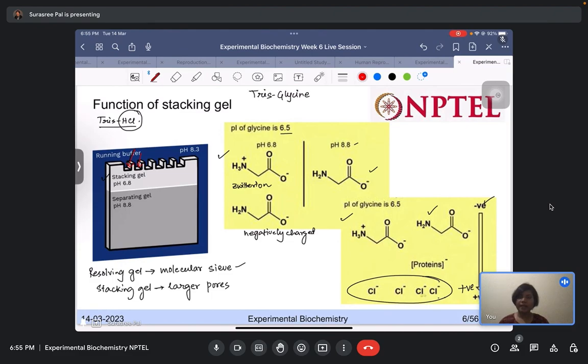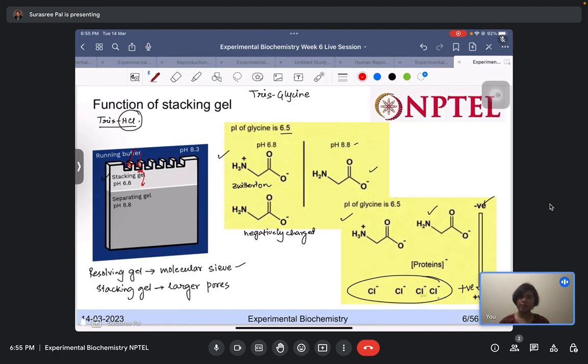So if we are adding 15 to 20 microliter of our sample, then our proteins are uniform in this liquid volume. And as we keep on adding the samples in these lanes, some protein molecules will come closer to the line, and some protein molecules will remain at the top.